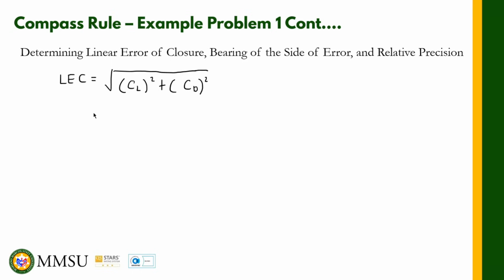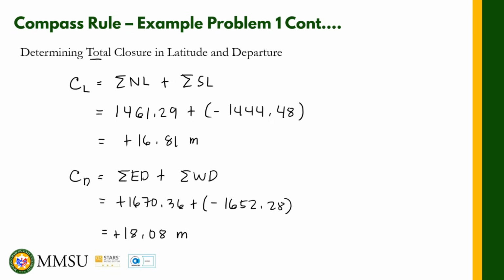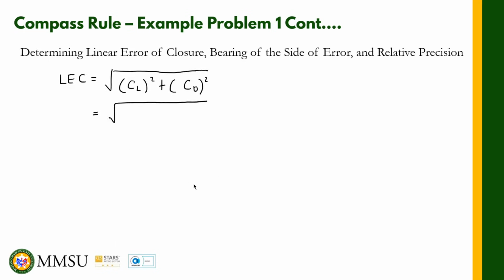So, na-compute na natin yung total closure sa latitude tsaka departure kanina. Nandito siya. 16.81 at saka 18.08 naman for the departure. So this is basically 16.81 squared plus the departure 18.08 squared. Okay, so this is equal to 24.69 meters. So ito yung linear error of closure natin. This is 24.69 meters.